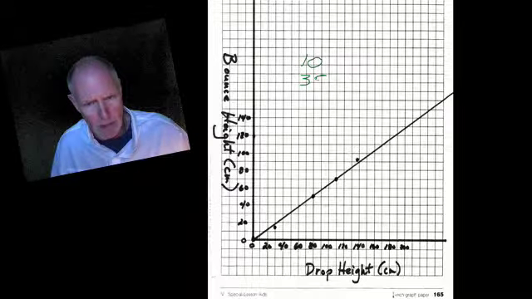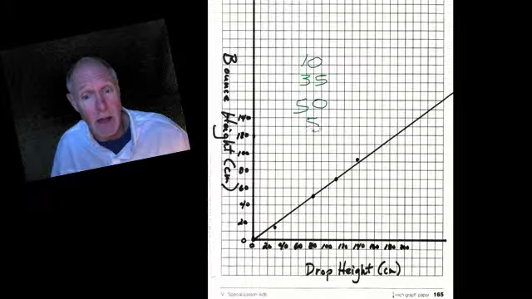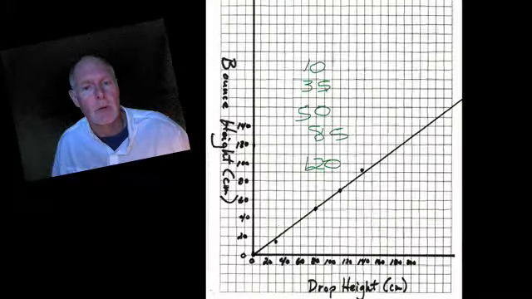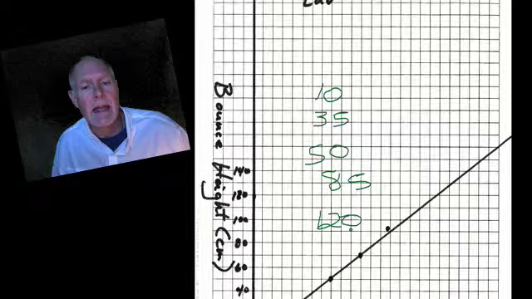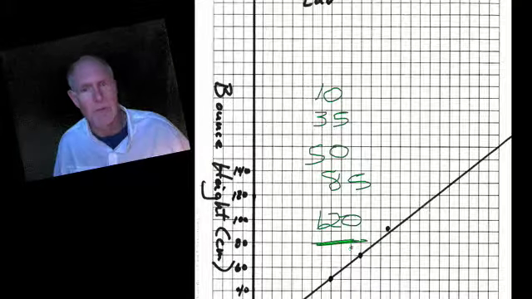I've already done 40 in class, so let's do 50. I've already done 75 in class, so let's do 85. And let's do something over 100, so I'm going to do 120. All right? So I'd like you to look at your graphs, write these numbers down, the 10, the 35, the 50, the 85, and the 120, and then go ahead and predict how high the ball would bounce if you dropped it from each of those locations.